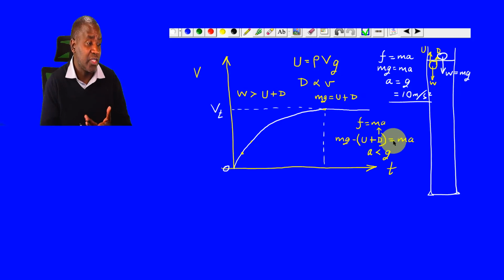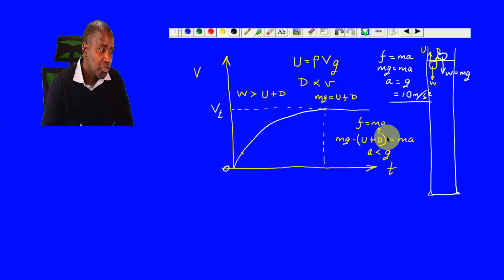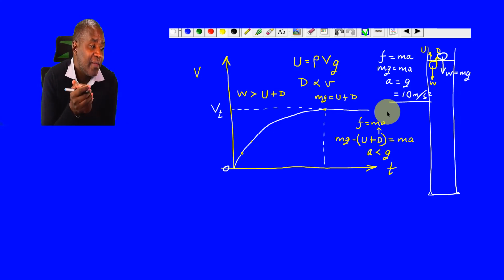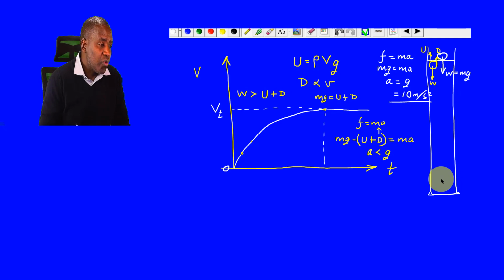We're going to get 0 equal to ma, and because mass cannot be 0, it is the a which will be 0. So the object is going to maintain uniform speed as it moves. And that is how you explain the concept of terminal velocity, or maybe I should have mentioned this, that the velocity with which the object now moves is referred to as terminal velocity.